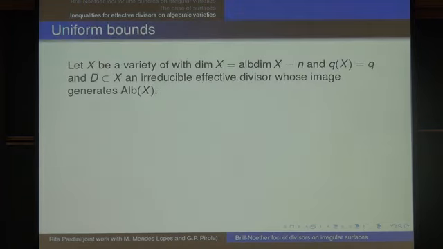So we start with the same situation, but any dimension. We wanted to generate the Albanese variety, which was automatic in the previous assumptions.